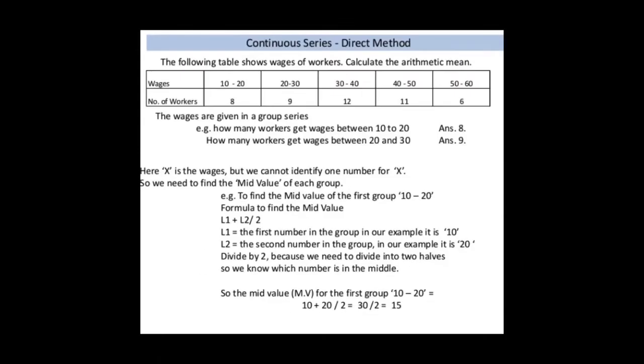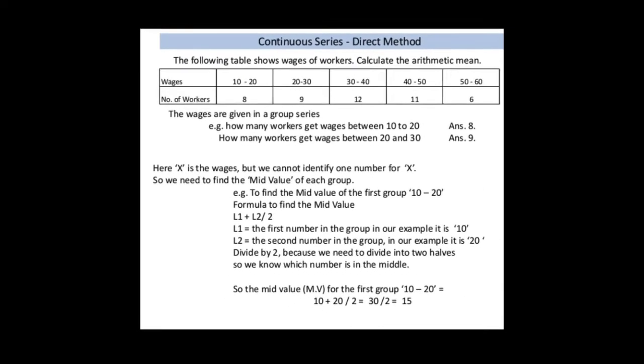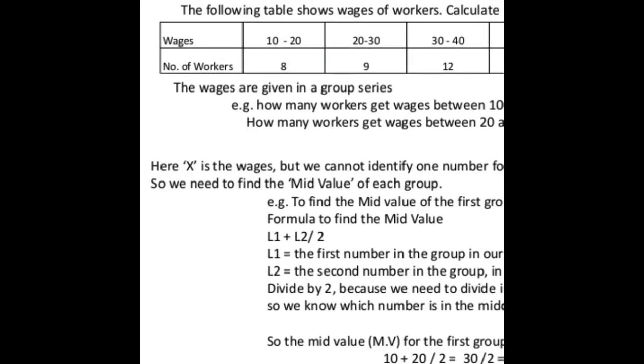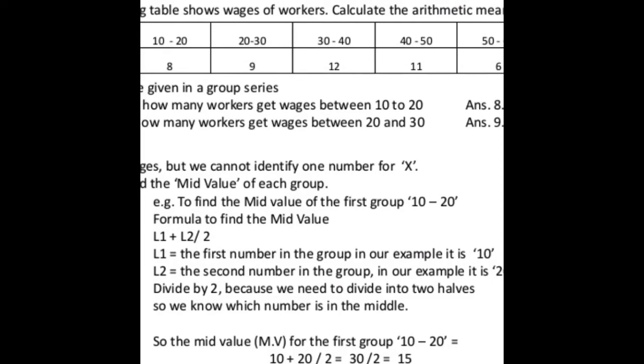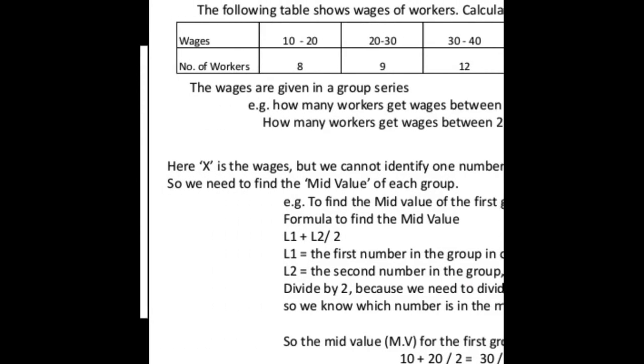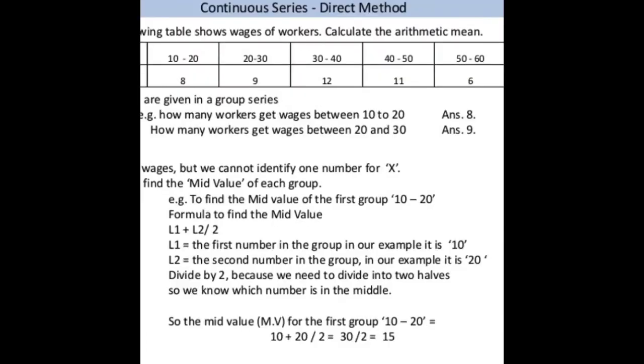When we calculate arithmetic mean in this series, we are going to do it in the following manner. Here x is the wages, but we cannot identify one number for x. So what we need to do is find the mid value of each group. Mid value is L1 plus L2 divided by 2, where L1 is the lower limit and L2 is the upper limit.